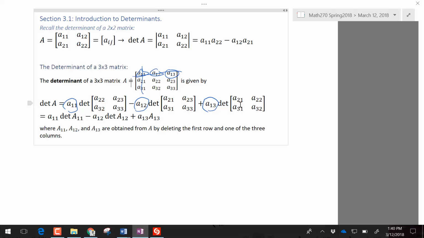I encourage you to take a look at the textbook and see how they came up with the formula for the determinant of a 3 by 3 matrix, because what they did is they tried to row reduce it, and they want to make sure that all the diagonal elements are not equal to 0.